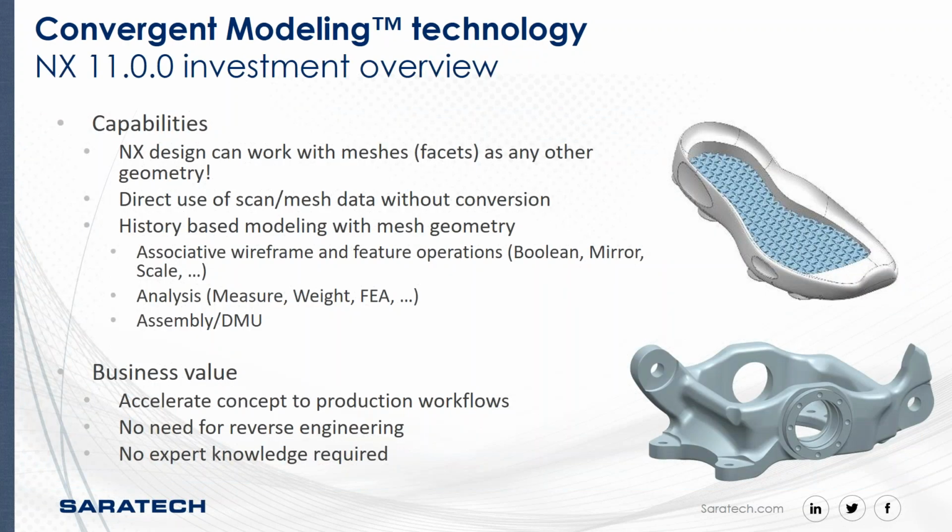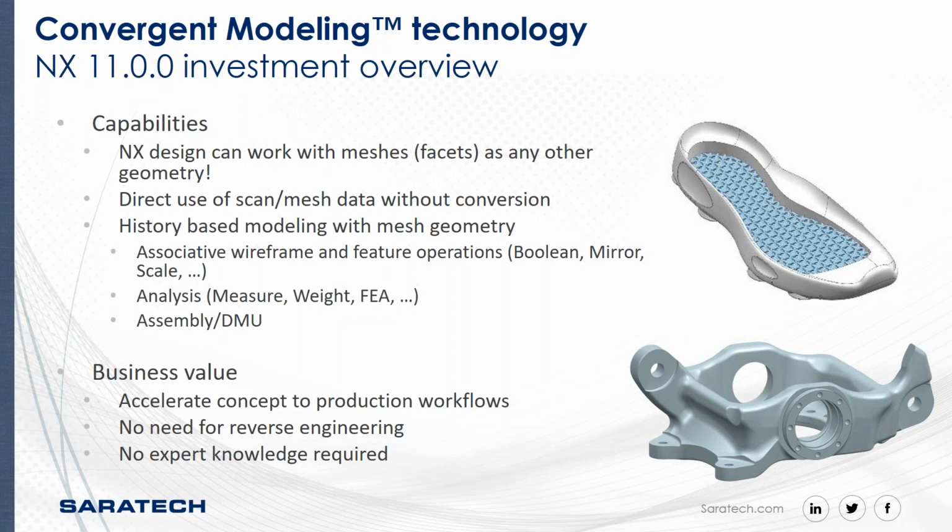So an overview of convergent modeling technology, some of the capabilities, just to reiterate. NX design can work with meshes and facets like any other geometry. You have the capability to use scan and mesh data without any conversion. It is history based.